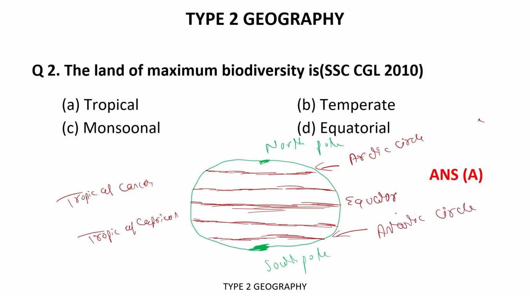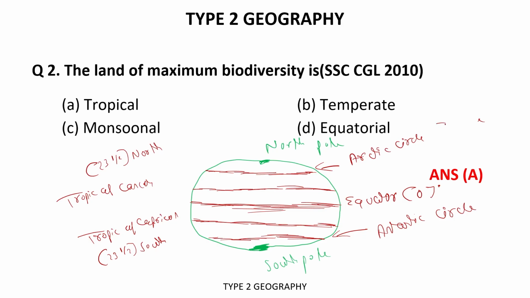All right. So remember, the equator lies at 0 degree. Tropic of Capricorn lies at 23 and a half degree south. Tropic of Cancer lies at 23 and a half degree north.